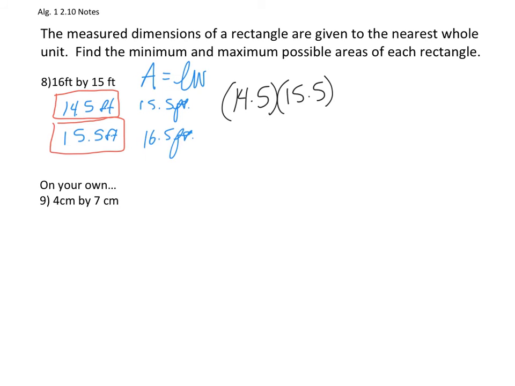And then our possible area could be the largest possible area that we have. So our length times our width, largest possible measurements could be multiplied to figure out what that could have been. So if they underestimated the room by just a little bit, basically. So we've got 15.5 times 16.5, if that were the case.